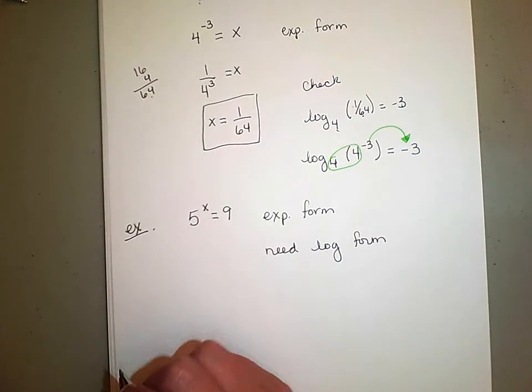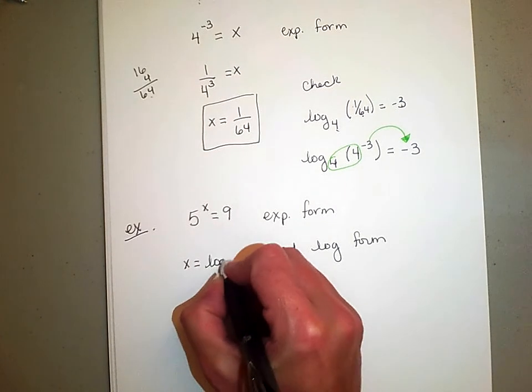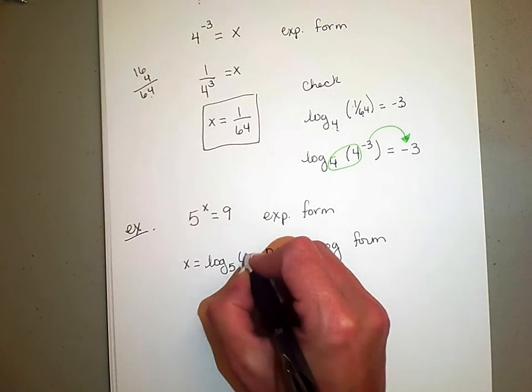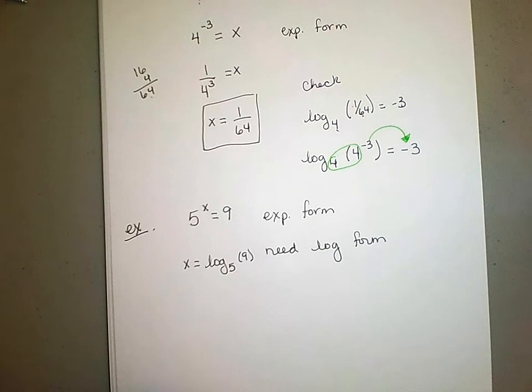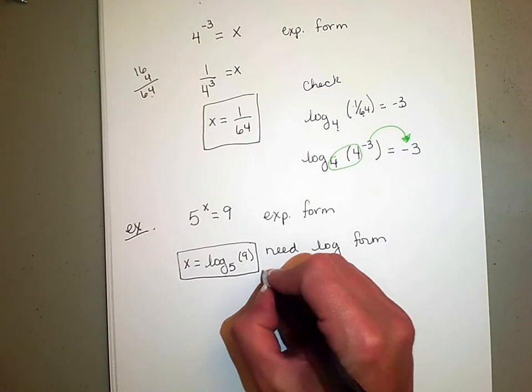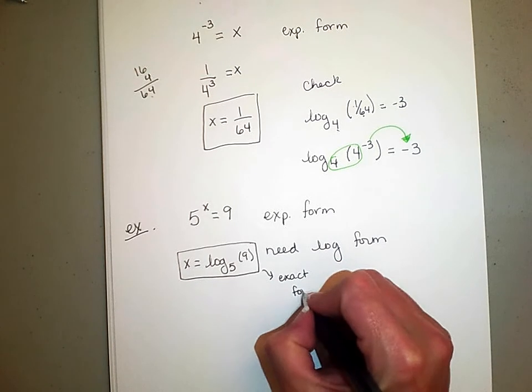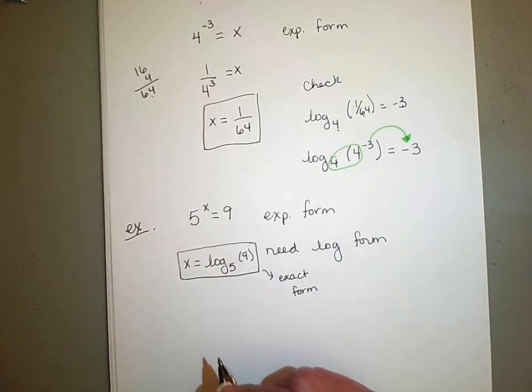So if I write this logarithmically, I will have then that x is equal to the log base 5 of 9. Now this is an irrational answer, but this is the exact form of the solution.